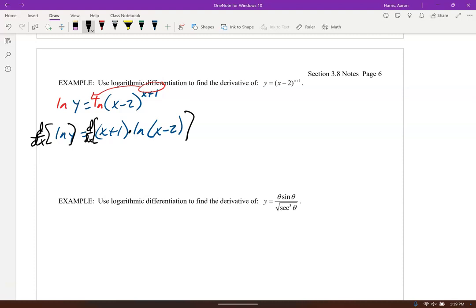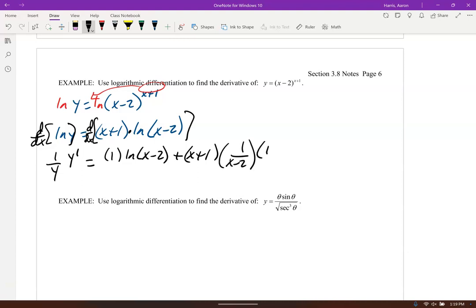So the derivative of the natural log of y, 1 over y. Chain rule, dy/dx. I'm going to write that as y prime. There's my dy/dx right there. Times, okay, derivative of the first. Derivative of x plus 1 is 1. Derivative of the first times the second plus the first. Derivative of the natural log is 1 over that x minus 2.